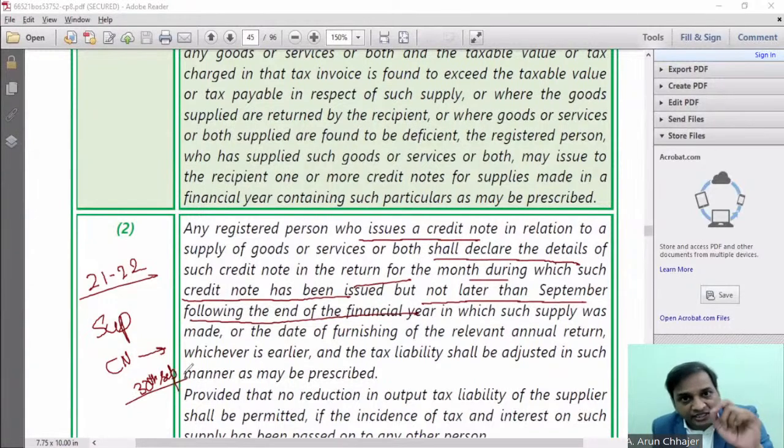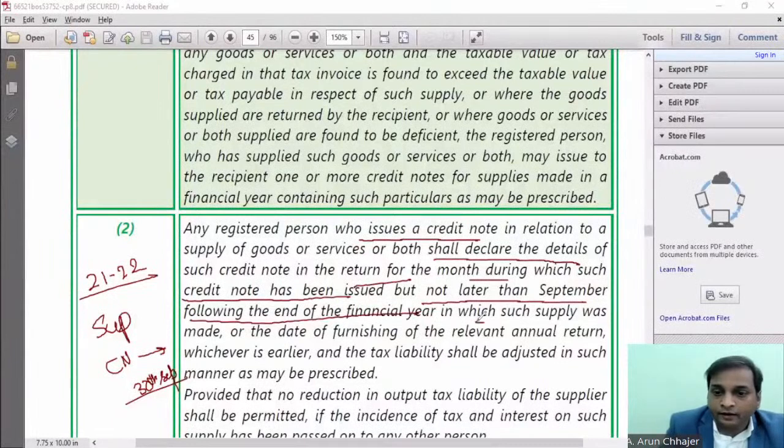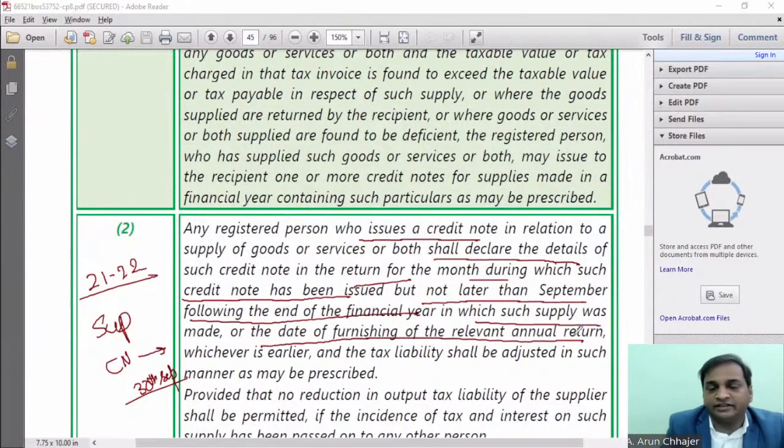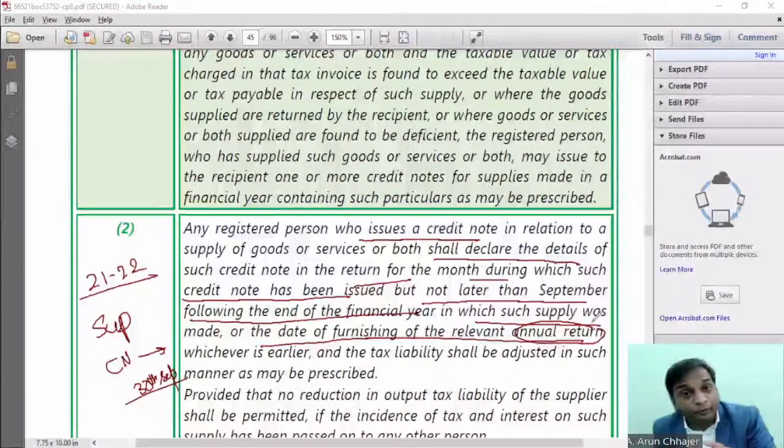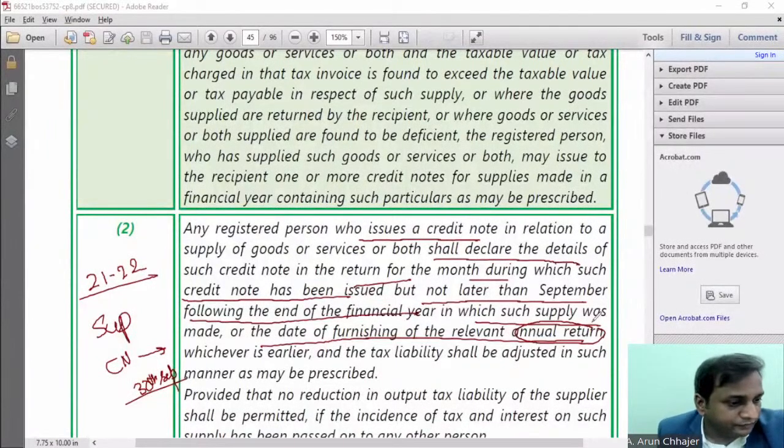The supplier can issue the credit note till September following the end of the financial year in which the supply was made, or the date of furnishing of the annual return, whichever is earlier. The concept of annual return we will discuss in the last class, along with which return is applicable. But I think you have discussed this same point, the same time limit, in the input tax credit chapter also.